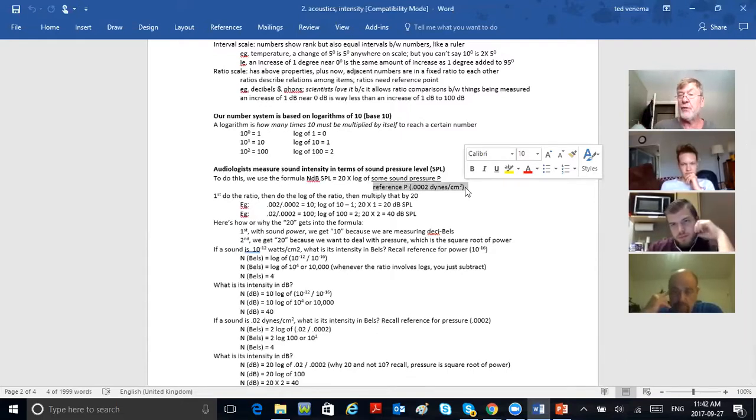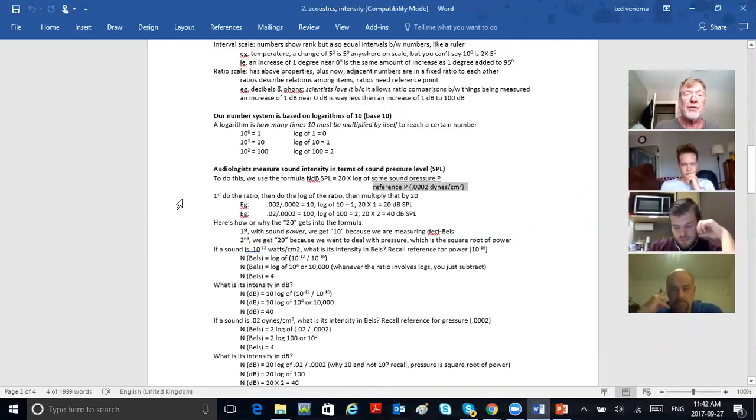It's got a ground, and the ground is 0. And what is 0? 0.0002 dynes per centimeter squared of pressure. So first do the ratio, then do the logarithm of the ratio, then multiply that by 20.